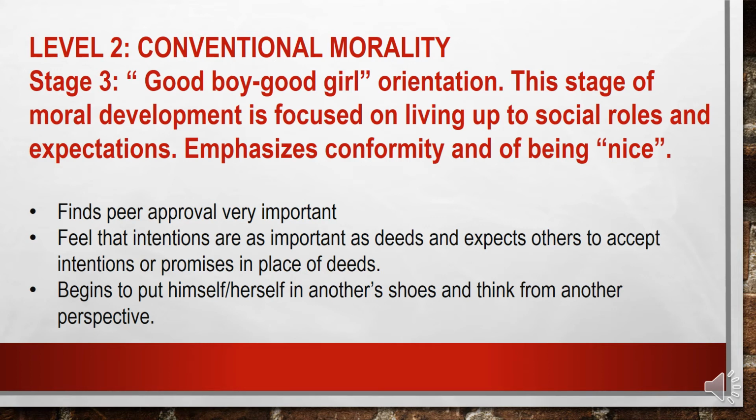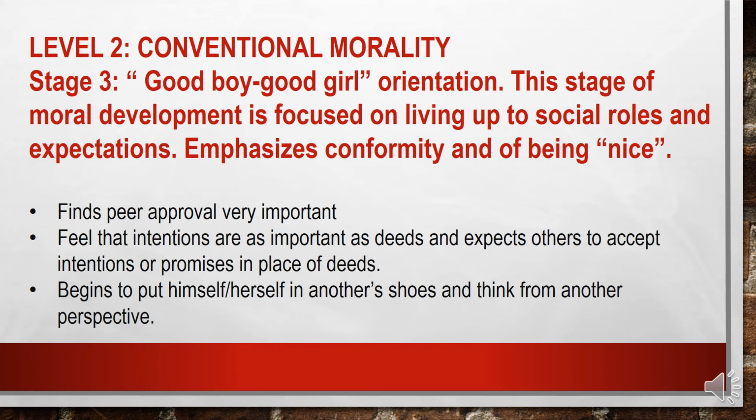So these are the descriptions. You find peer approval very important. You feel that intentions are as important as deeds and expect others to accept intentions or promises in place of deeds. And of course, you begin to put yourself in another's shoes and think from another perspective.